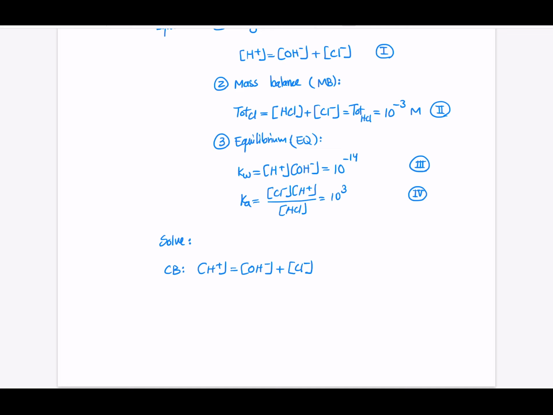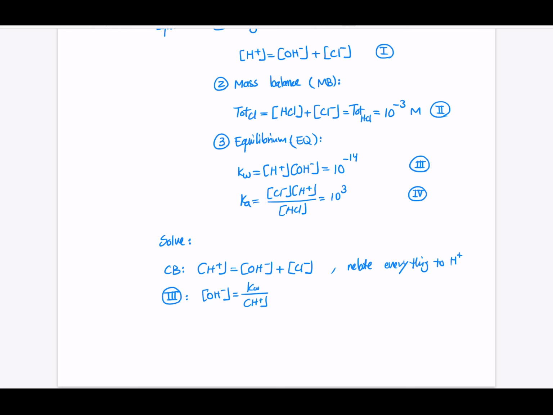Yep. So through equation 3, basically. So through equation 3, so basically we want to relate everything to proton. So through equation 3, we know hydroxide would be Kw over H plus. How about Cl minus?